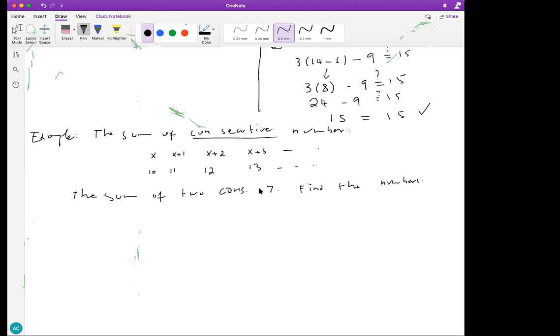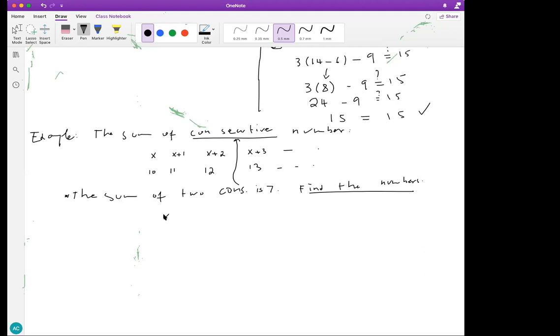So let's try to find these numbers by using an equation. This can be translated into an equation here. The sum of two consecutive numbers is 7.